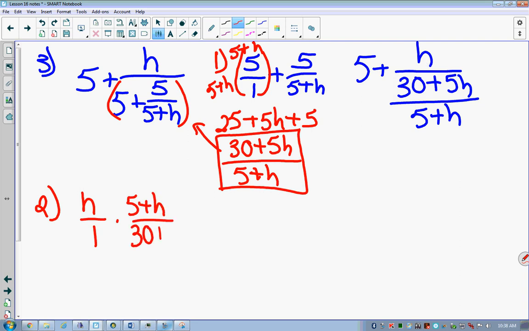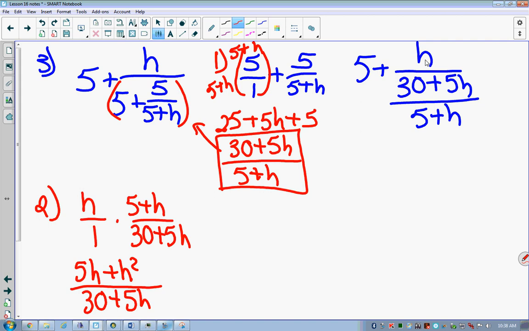Good. All right, so now I'm multiplying. So h times 5 is 5h, and h times h is h squared over 30 plus 5h. Okay?